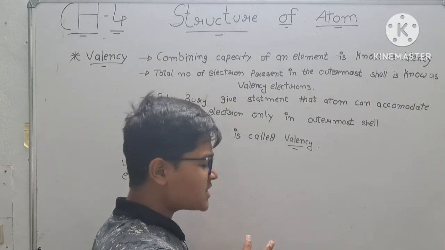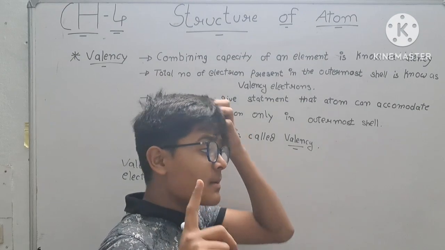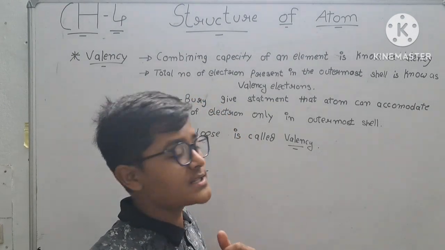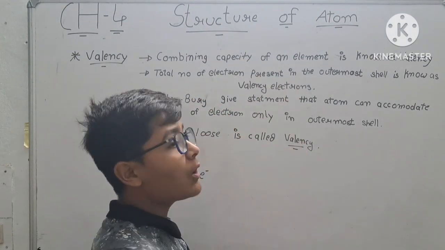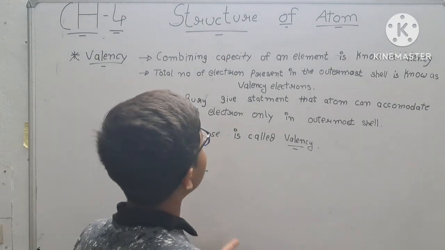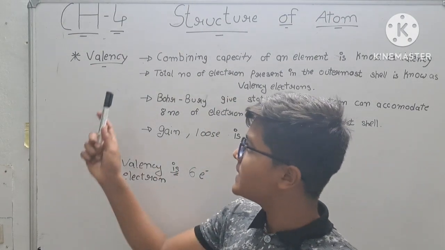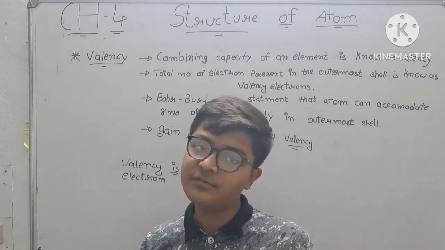Just forget the drawing, you will be confused because there are 3 models. This is the topic of Bohr, and Bohr is our last topic, but I am taking it in the middle because if you are not able to understand valency, you will be confused further.